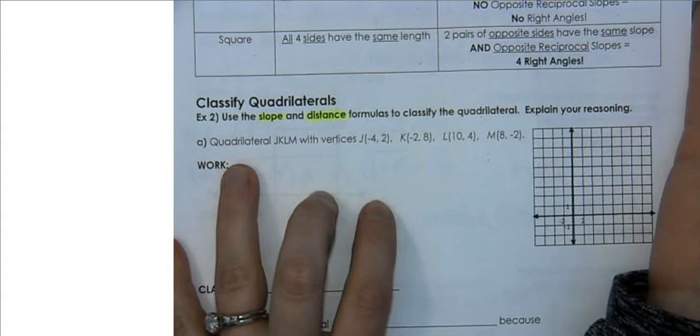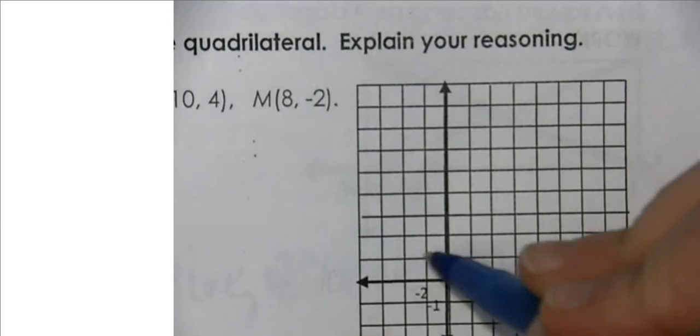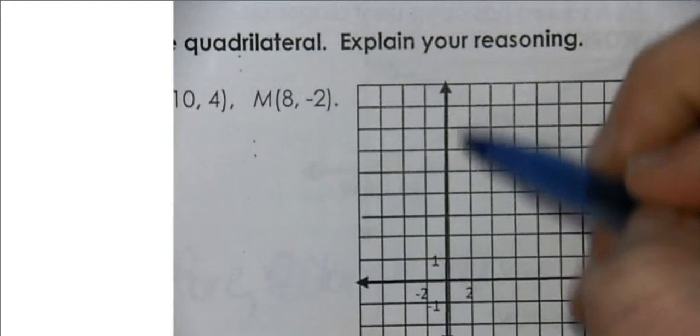I'm telling you that this is a quadrilateral, but you have to be careful because it's not going to be super easy to identify. What we have here in the grid is that one scale is going by twos and the other scale is going by ones. So I'm going to write that. This is going by ones and this is going by twos.